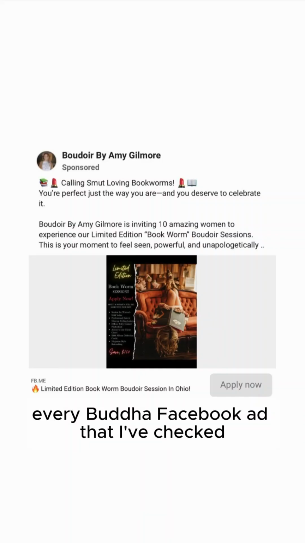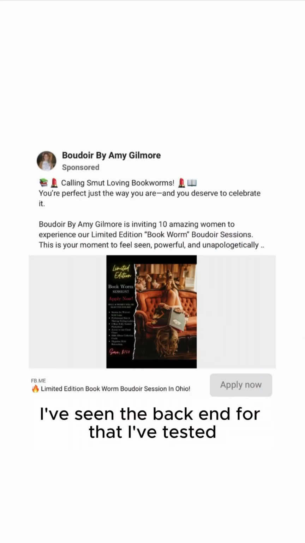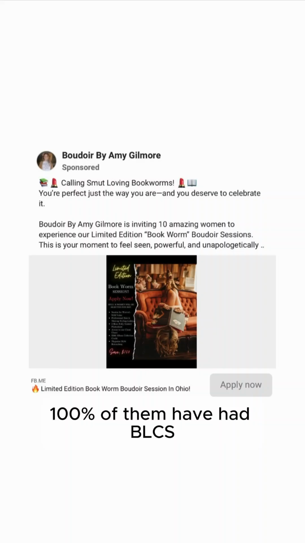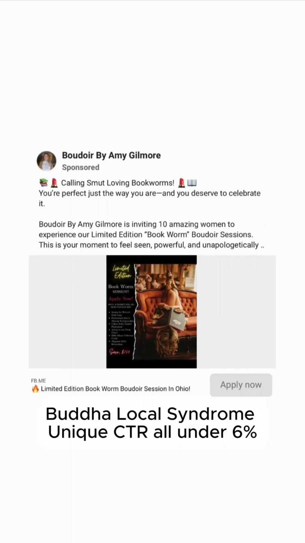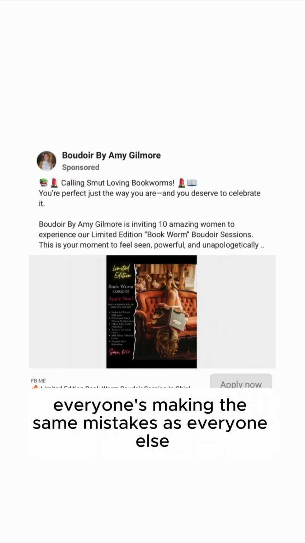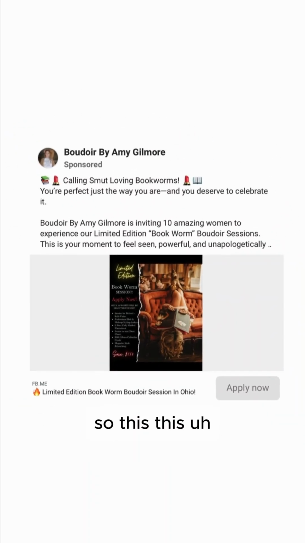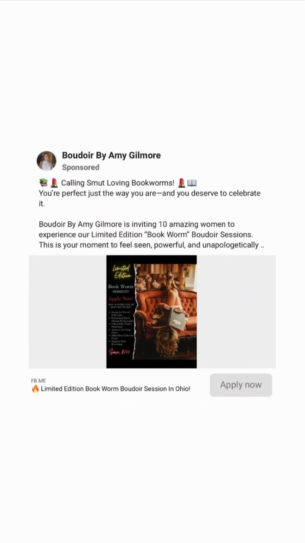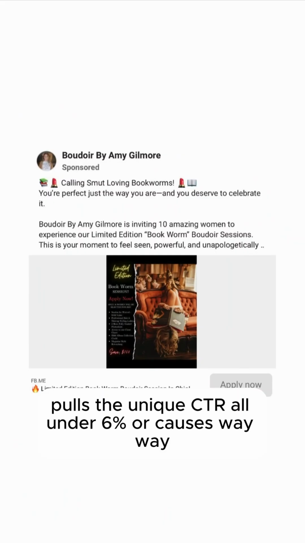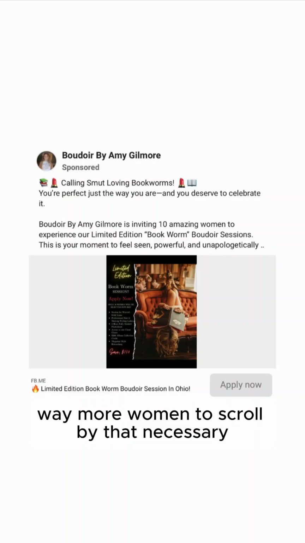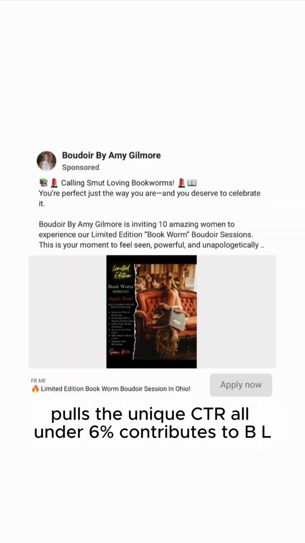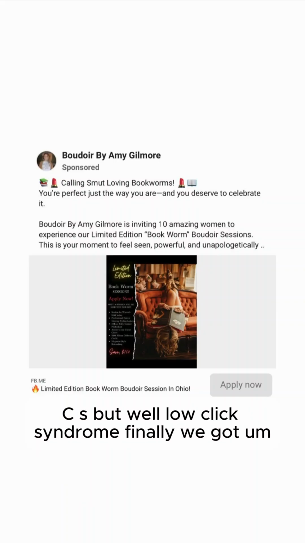Well, every Boudoir Facebook ad that I've checked, that I've seen the back end for, that I've tested, 100% of them have had BLCS, Boudoir low click syndrome, unique CTRL under 6%, because everyone's making the same mistakes as everyone else. So this looks-like-an-ad mistake causes way more women to scroll by than necessary, pulls the unique CTRL under 6%, and contributes to BLCS, Boudoir low click syndrome.